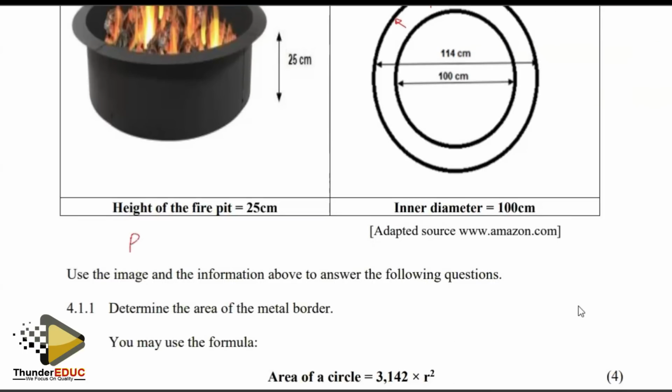The big radius will be 114 divided by 2, which is 57 centimeters. And the radius of the smaller part is going to be 100 divided by 2, which is 50 centimeters. Now we're good on analysis.